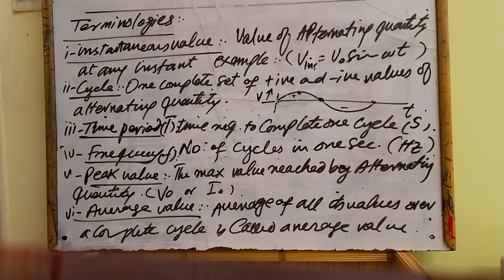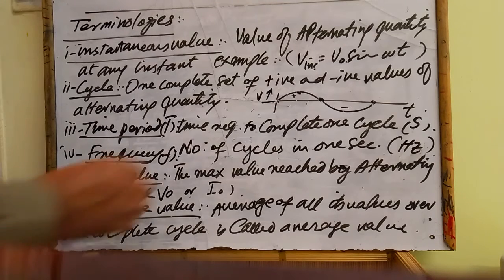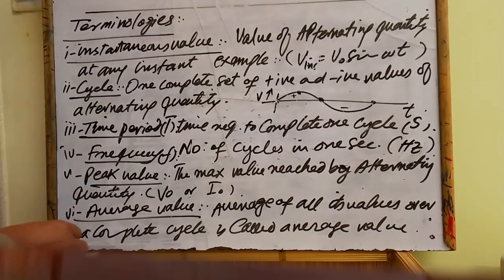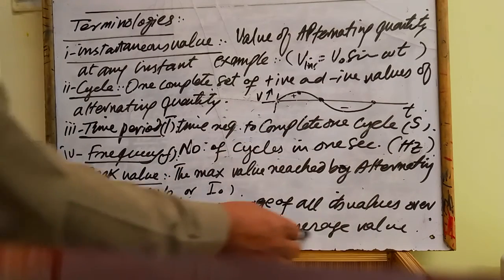So to have a proper value, the concept of average value is there. What is the average value? The average of all the values over a complete cycle is called the average value.